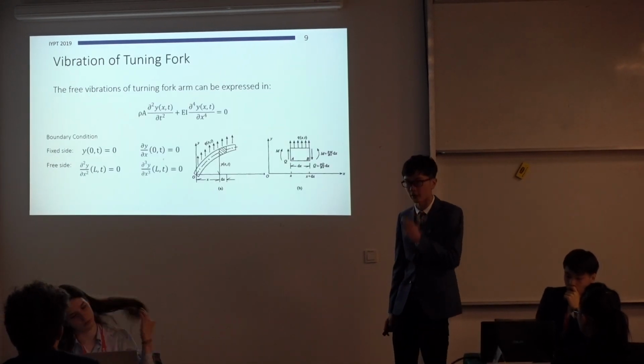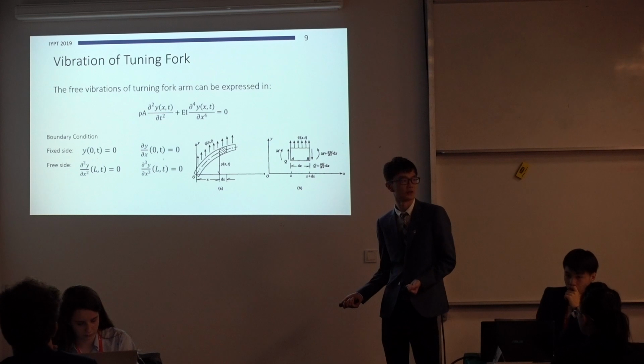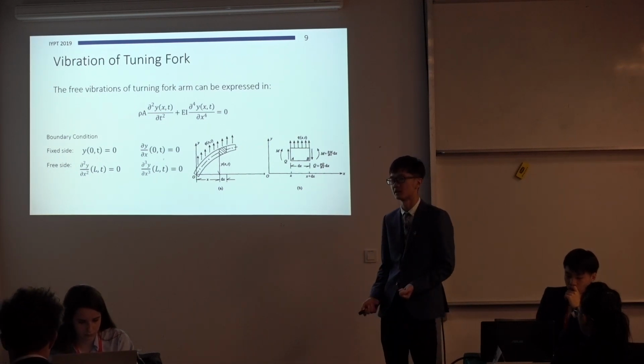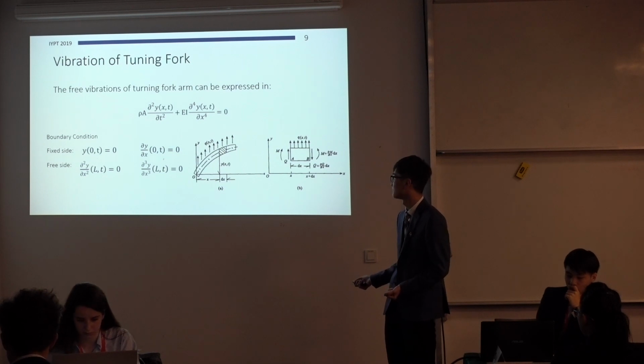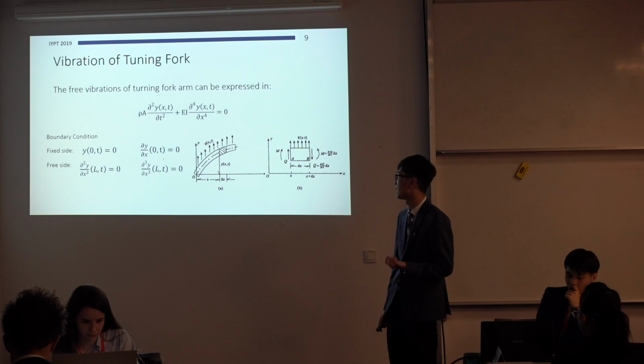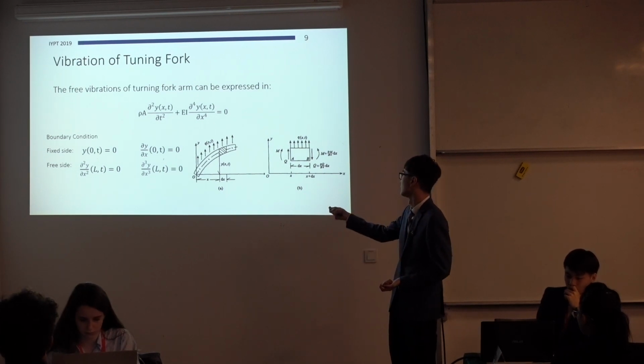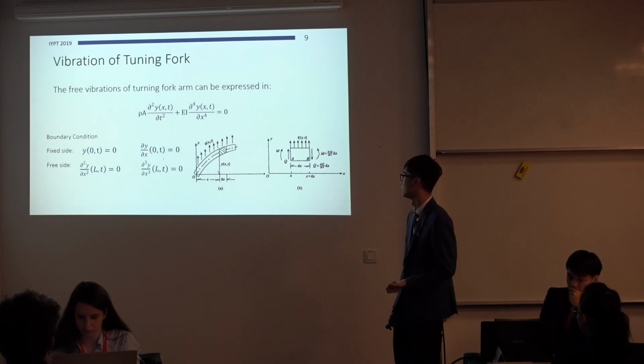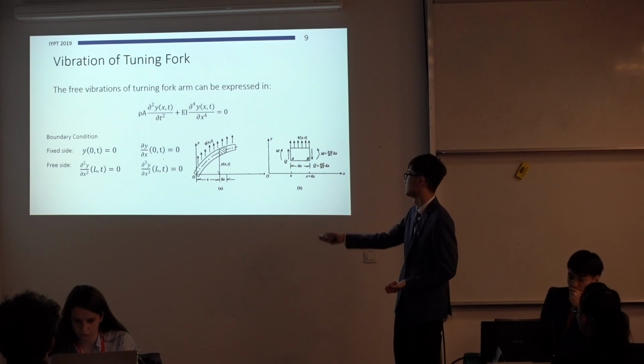And except this, when the paper has contact with the tuning fork, we can assume that the paper adds a mass on the vibration of the tuning fork. And this equation, the Euler equation, shows the free vibration of the tuning fork, and this is the boundary condition.